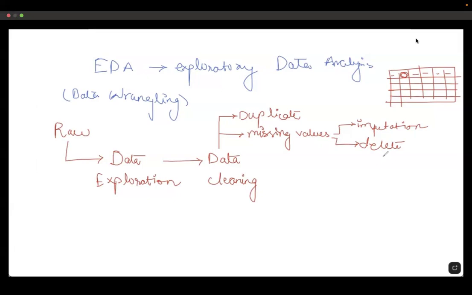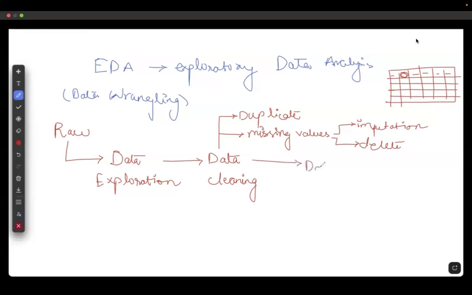Once the data cleaning is done, we do data pre-processing. Data pre-processing usually people learn in machine learning. Some of the data pre-processing you guys are going to learn here as well. I'm saying data pre-processing, which means, yes, we are going to do all of these things with the help of Python. Okay.